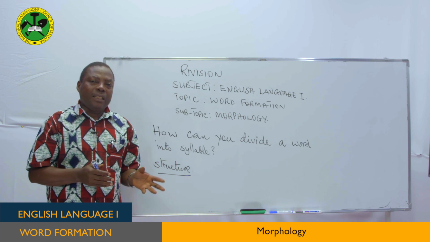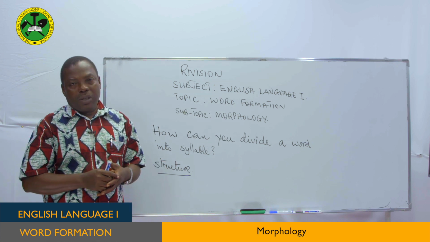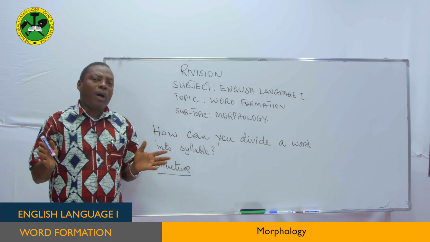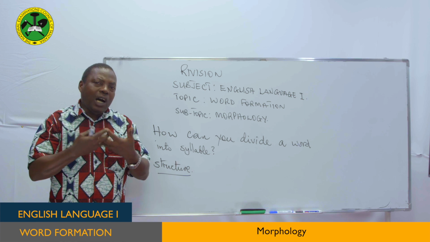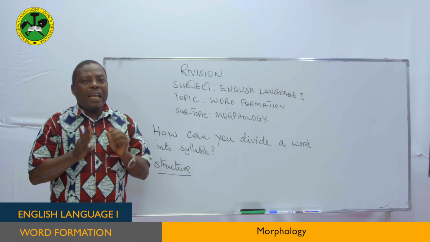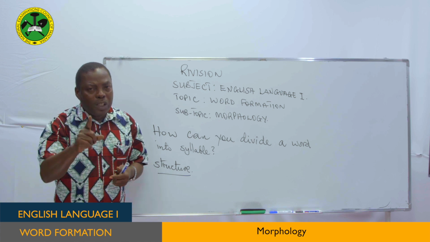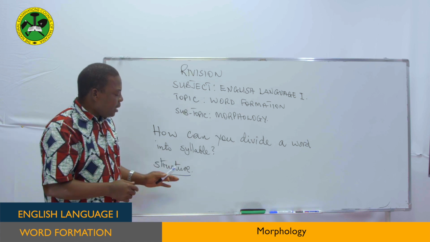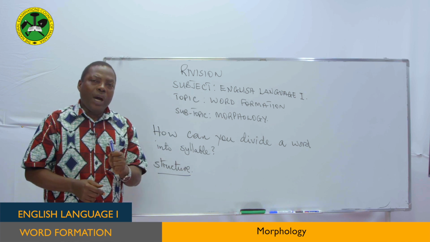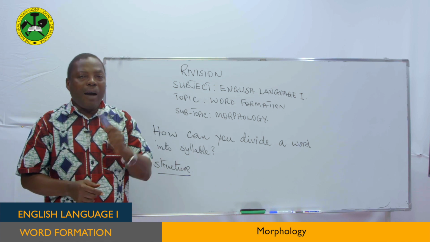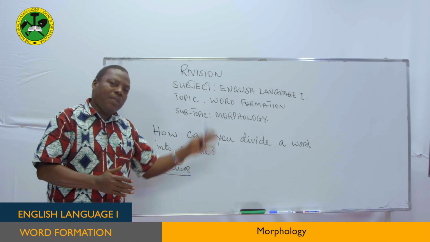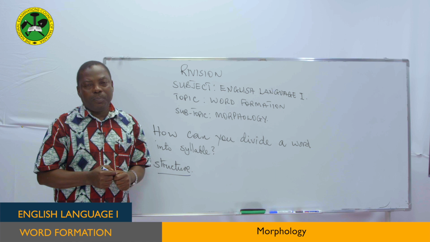They could be letters and they could be sounds. Sometimes we'll find ourselves talking about both sounds and letters. But mostly, we'll look at the structure in terms of how a word is written, and thereafter, how you can divide that word depending on the elements that we are going to see.